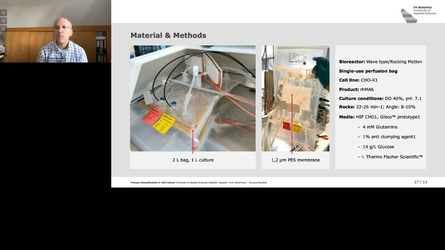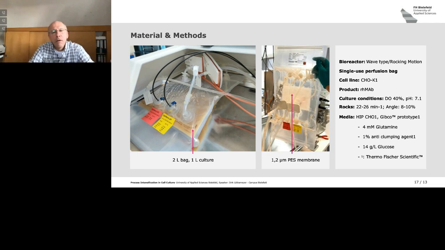Culture conditions were more or less standard, and for our results we had 2 different Thermo Fisher Scientific high-performance media. One is called HIP CHO, and the other one is a Gibco prototype. And these media were supplemented with glutamine, anti-clumping agent, very important, and a lot of glucose.